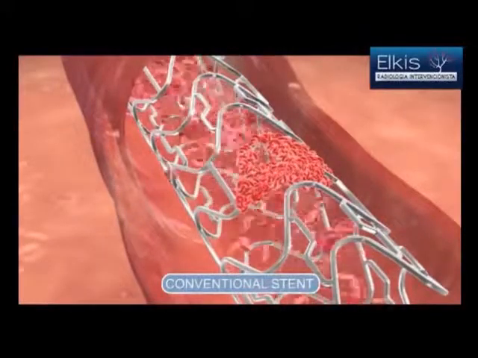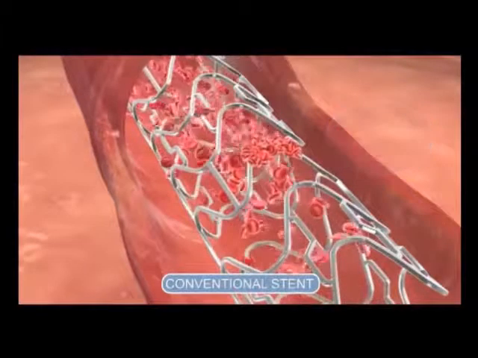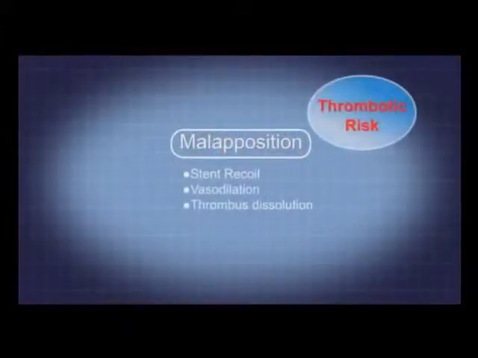Malapposition is the primary predictor of stent thrombosis. Floating struts disturb blood flow and increase thrombotic risk. With conventional stents, malapposition is induced by stent recoil, vasodilation, and thrombus dissolution.